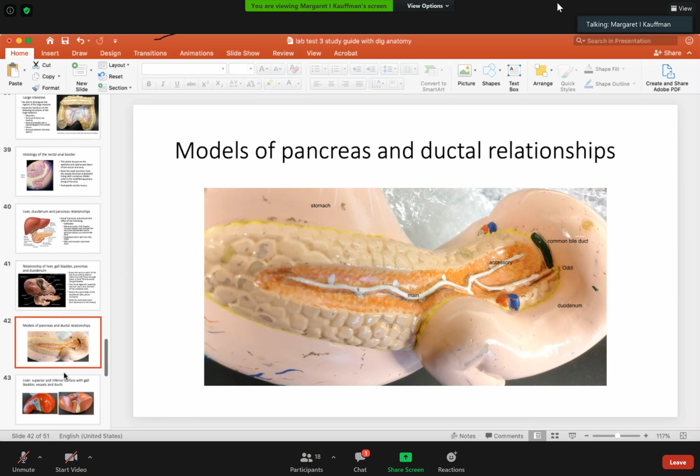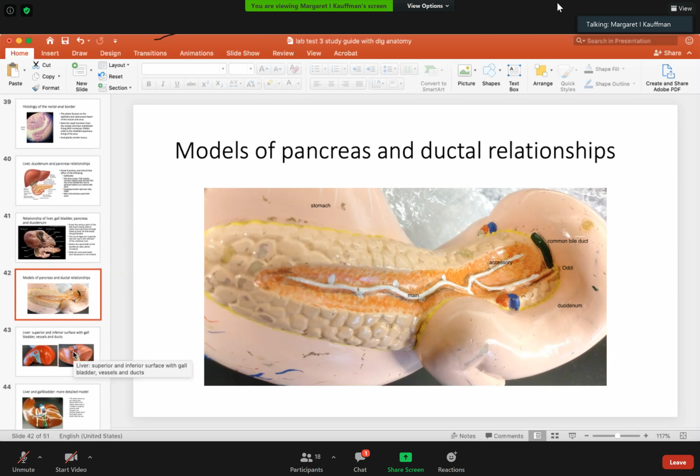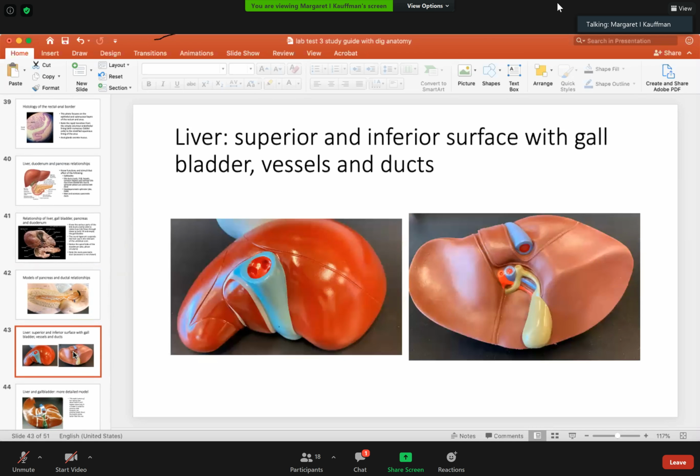So I did make these as labeled slides so that you could see them. So here's one of the versions of the liver.